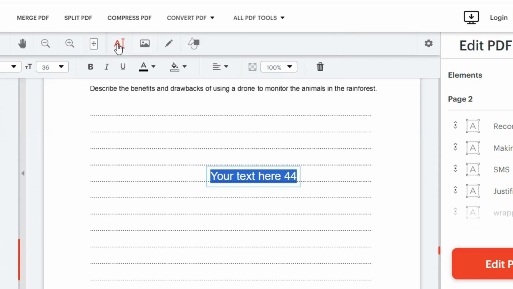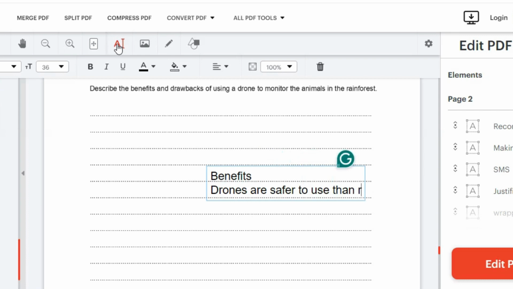So let's start with benefits. 1. Drones are safer to use than risk human lives in forest areas.